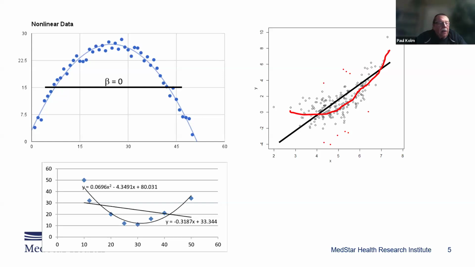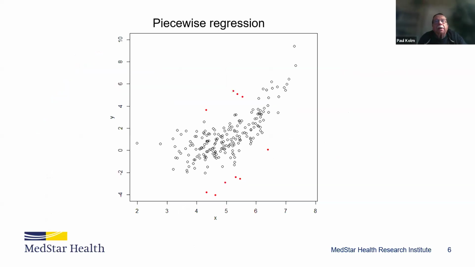As I mentioned in the outline in the beginning, there are a number of ways to do this. The first one we'll talk about is what's called piecewise regression, and piecewise regression is really quite simple. Basically, we're going to find linear functions and come up with more than one linear relationship.